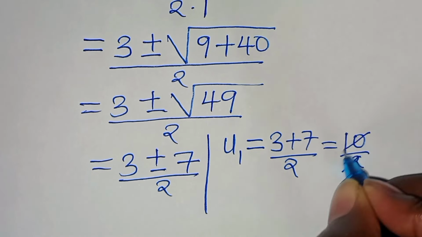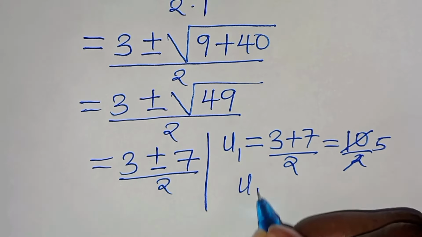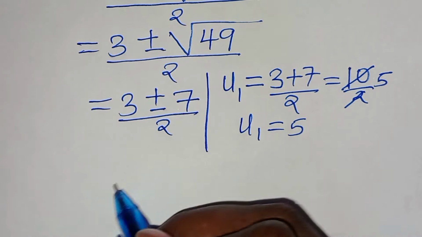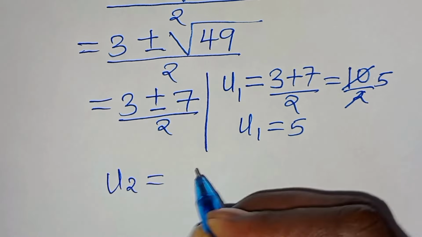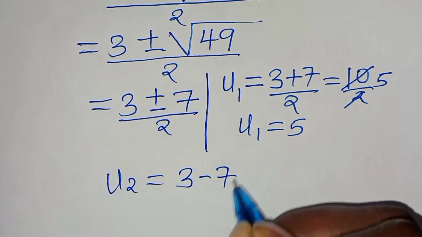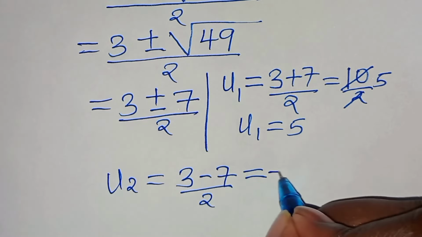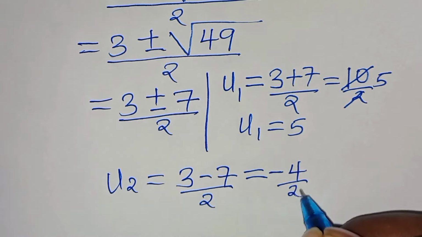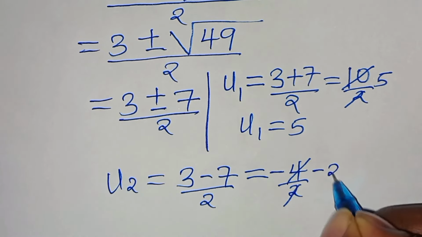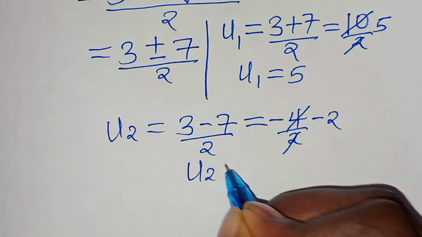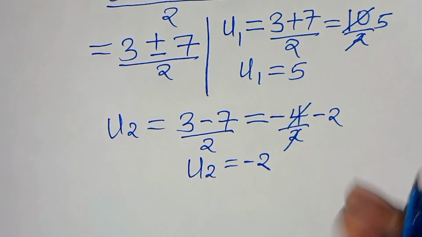And therefore u1 is equal to 5. Let's solve for u2. Now u2 is equal to 3 subtract 7 divided by 2. Therefore we have 3 minus 7, this is minus 4 over 2. And this implies that u2 is equal to minus 2.